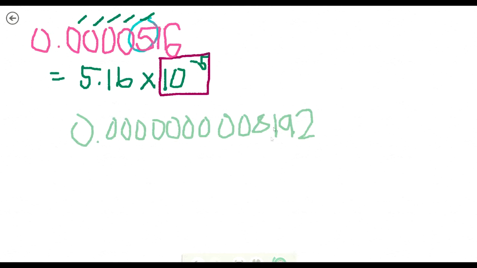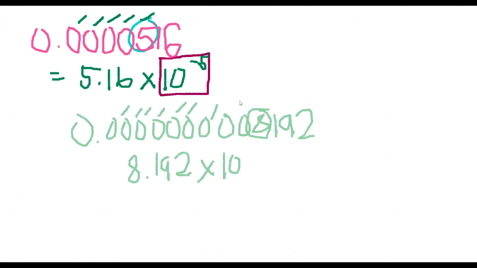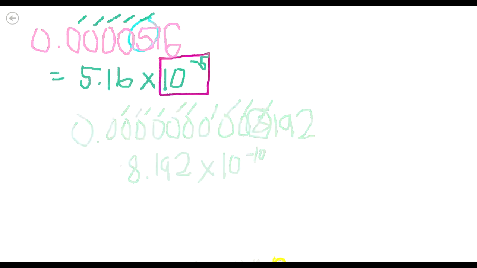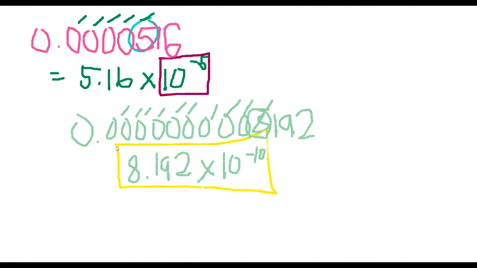The first non-zero digit is 8, so we're going to put 8.192 times 10. How many is that? 1, 2, 3, 4, 5, 6, 7, 8, 9, 10. And that's going to be raised to negative 10. I'm just going to box the final answer.